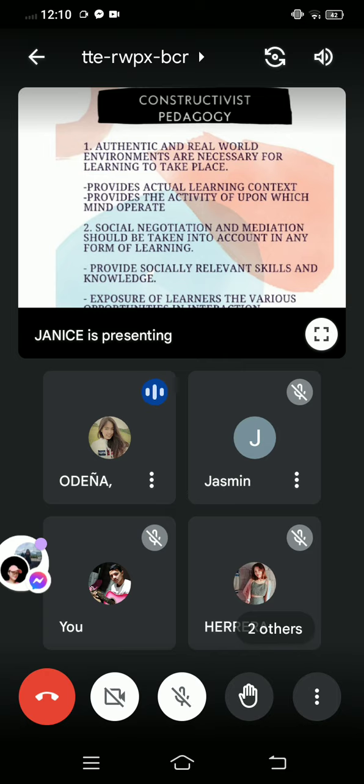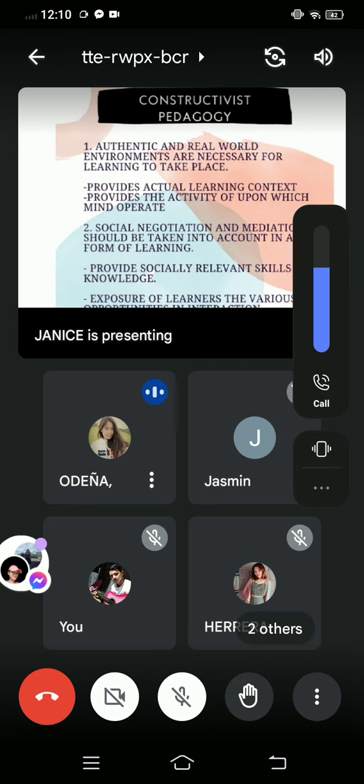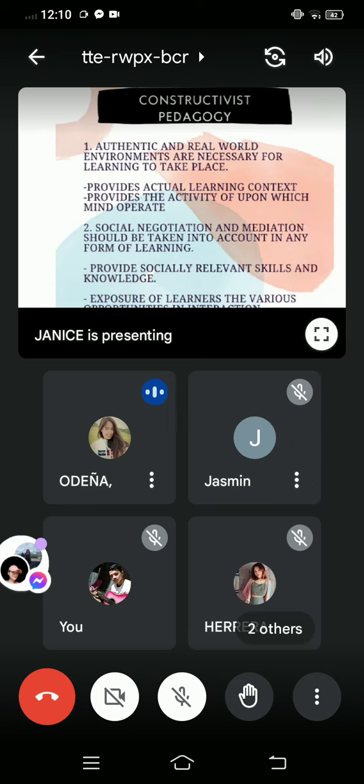So, if we're going to relate this constructivist pedagogy or approach in social science, it becomes more interactive since social studies is the study of human behavior and society. So dito po papasok yung constructivist approach by exploration, like pag-conduct ng interview.